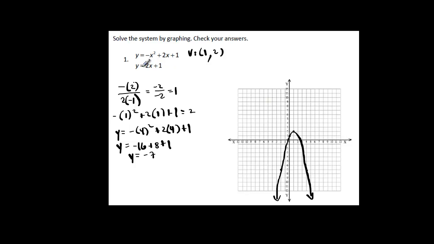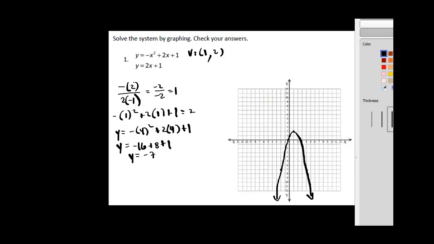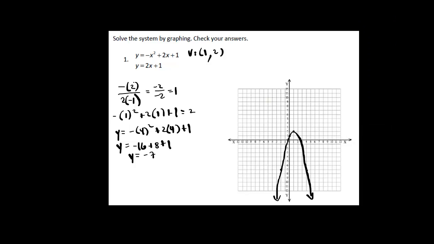Then we want to graph this, which is just a regular line here. So let me just choose another color here. This line over here has a y-intercept of 1 and a slope of 2. So up 2, right 1, up 2, right 1, up 2, right 1, and down 2, left 1, down 2, left 1.